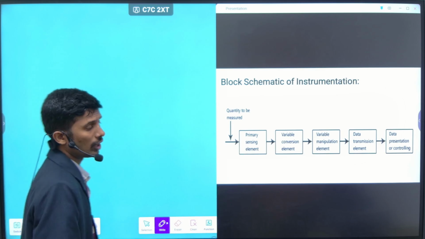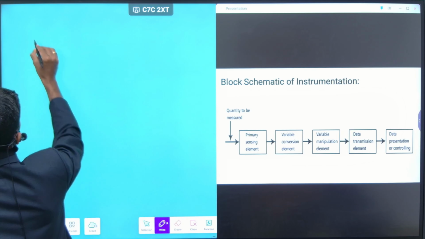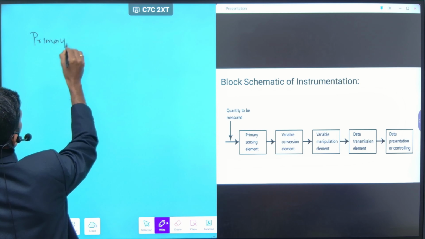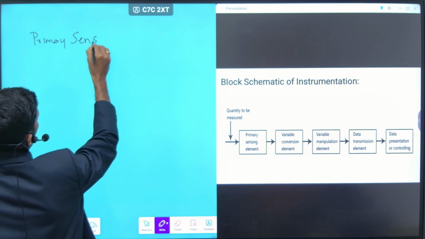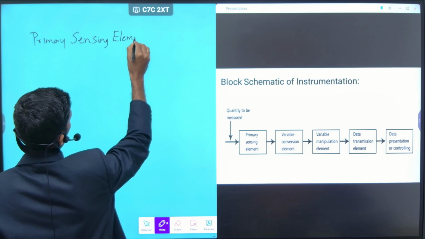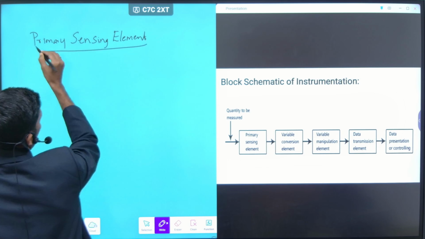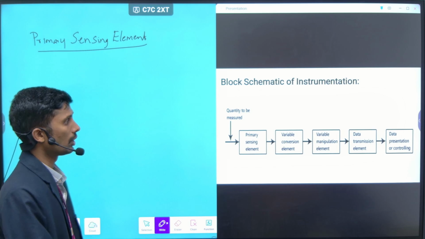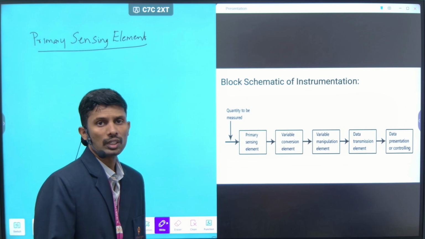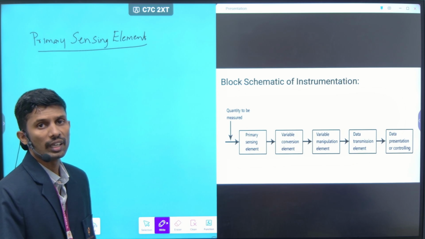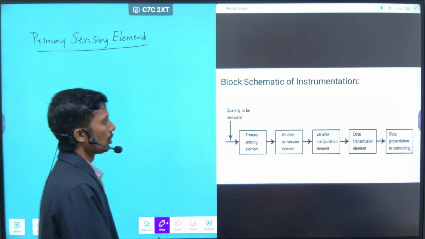In this block diagram we will first discuss the primary sensing element. In electronic measurement and instrumentation, initially we discuss the different kinds of instruments used for measuring any kind of value.